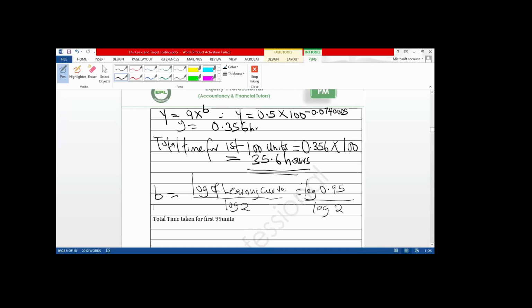When you are done with the first 100, now go and look for the total time taken for the first 99 units. In this case, your X will now be 99.